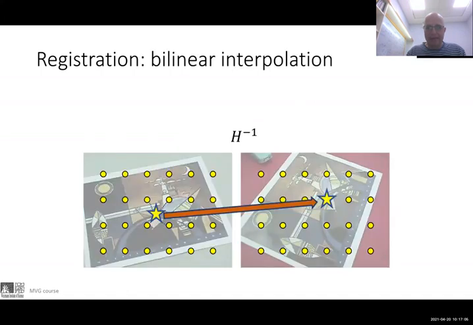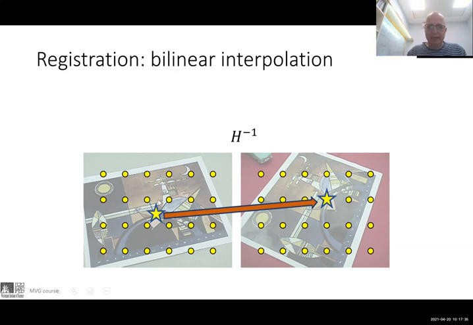Once we have the homography, we apply the homography from one image to get the second image. But the way we do it is through bilinear interpolation. We take a pixel in one image and apply the inverse homography to the pixel. This gives us a location that generally does not fall exactly on the grid. It falls between grid points.